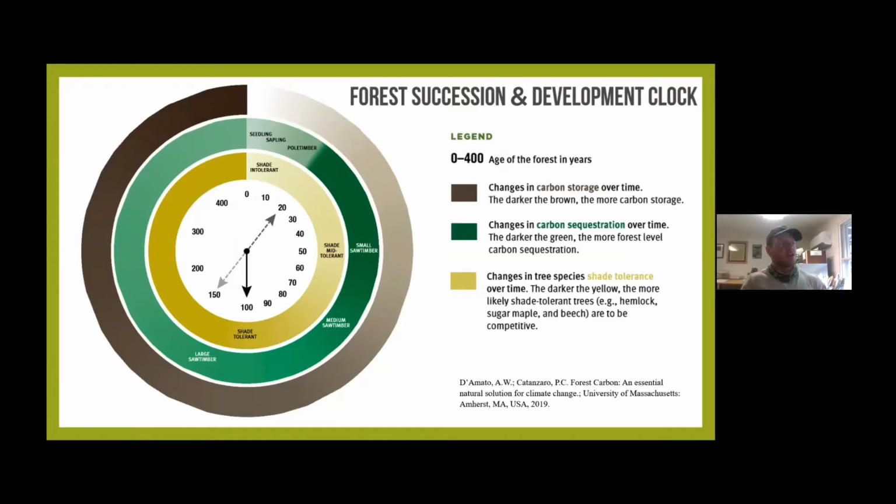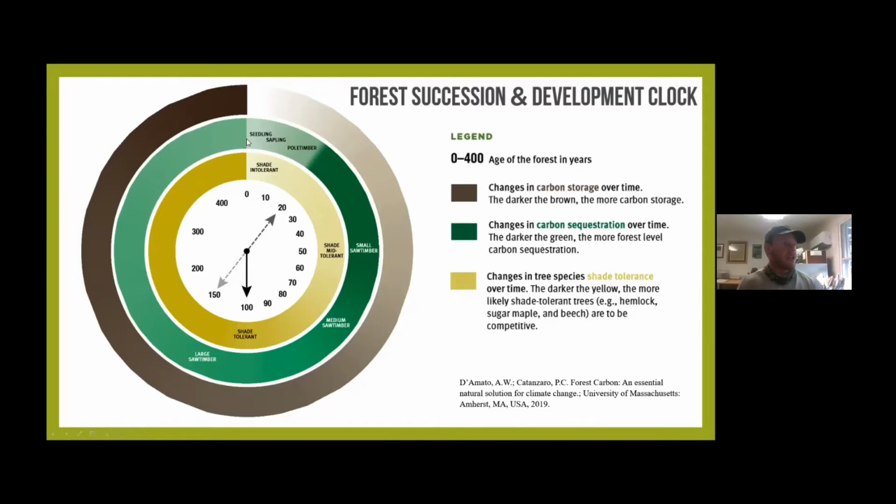So what you see here is, we don't need to worry about this yellow circle here. Let's start with this green one. So this green circle is showing the rate at which forests are sequestering carbon as they develop. So this is not trees, this is forests as systems. And it's showing that on this clock starting at year 0, and the darker this color green is, the more carbon that forest is sequestering.